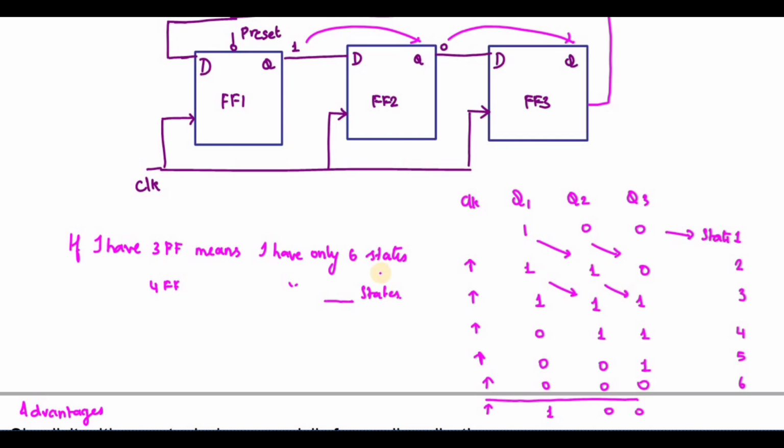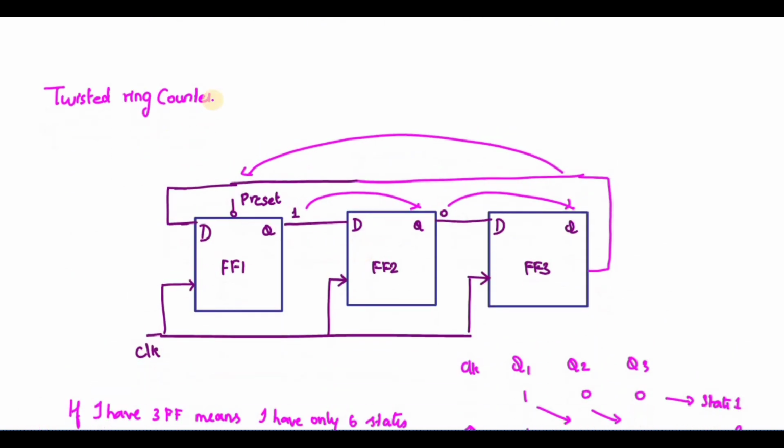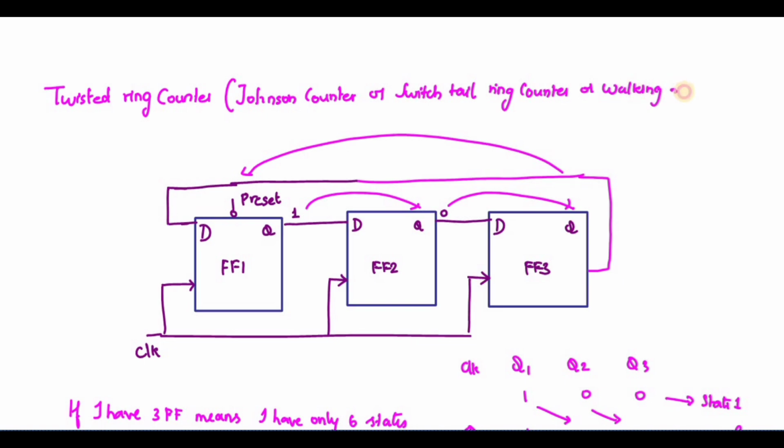This twisted ring counter is also called a Johnson counter, or switch-tail ring counter, or it is also called a walking ring counter.